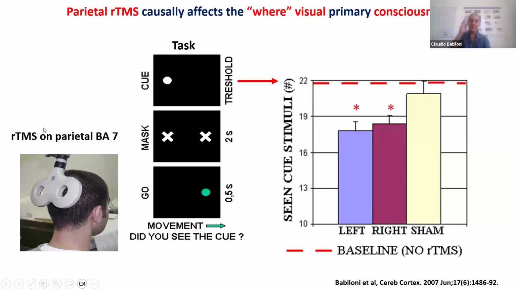And so we gave this train of magnetic stimulations in the parietal cortex to induce a perturbation of activity, a dysfunction of the parietal cortex for a while.